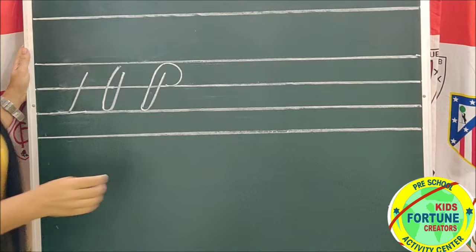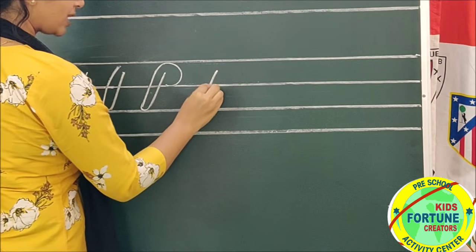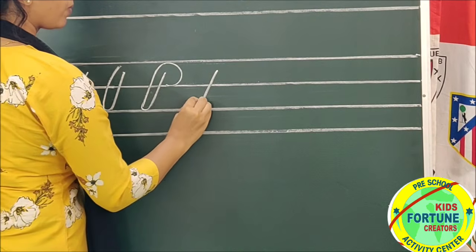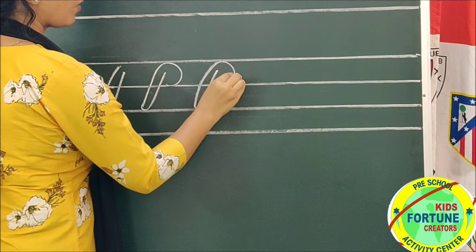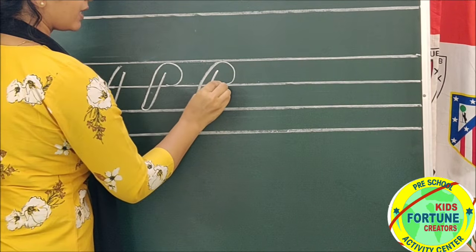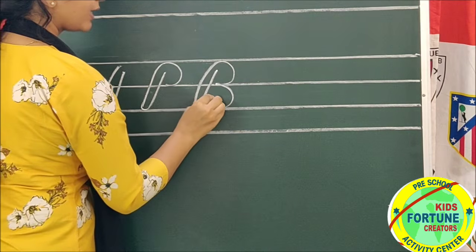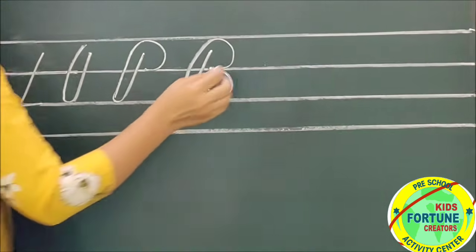This is third step. Again come down with slant line, back loop, go up, draw first big curve, again curve and turn it inside. This is B.